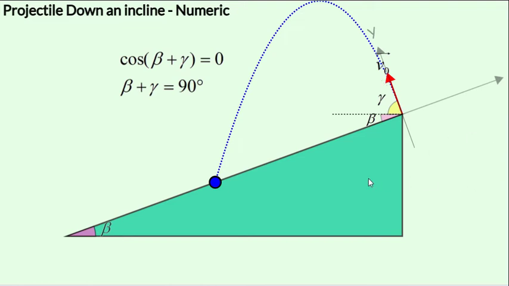When you think about it though, it is very logical. When a projectile is launched at 90 degrees with the incline, it will not have an initial velocity component along the x-axis or along the plane of the incline. So its initial velocity along the x direction will be 0.